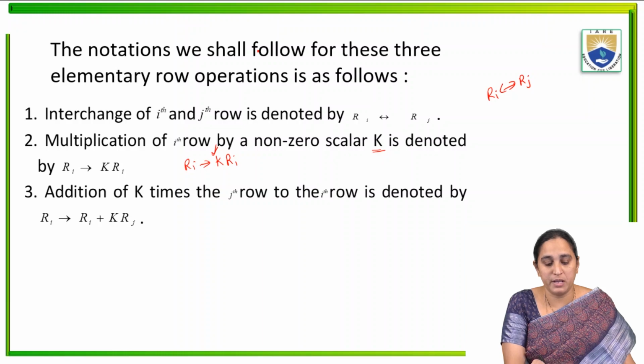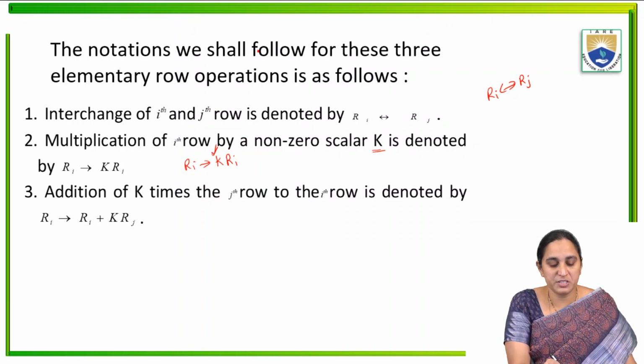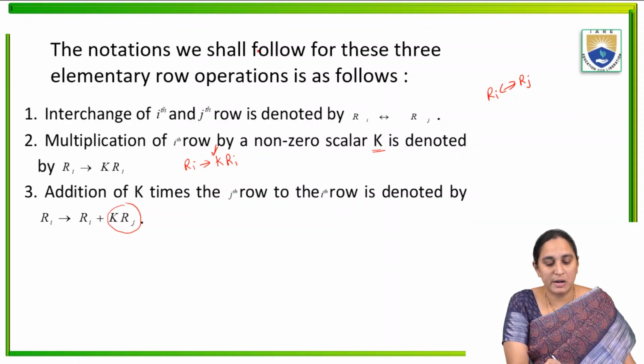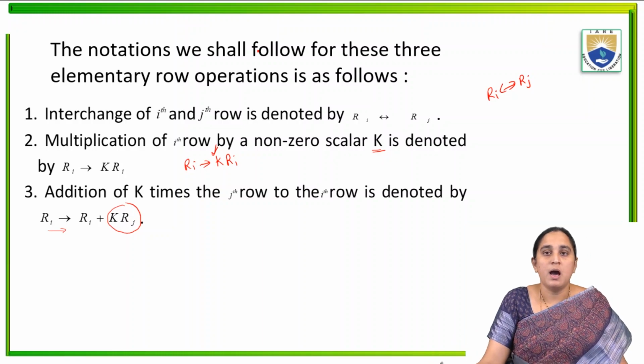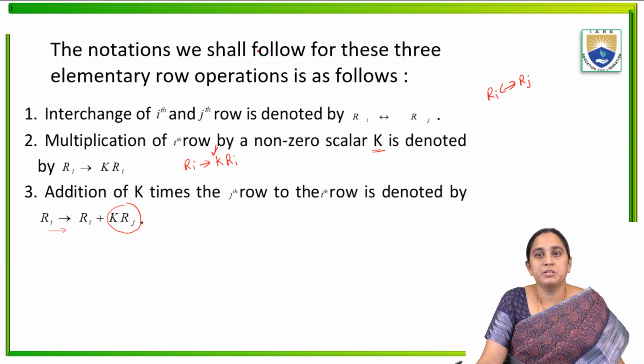Observe this row operation: the row Rj is multiplied by k, that is k into Rj, and it is added to Ri. Then the row operation is Ri tends to Ri plus k into Rj. These are the three notations for the row operations.